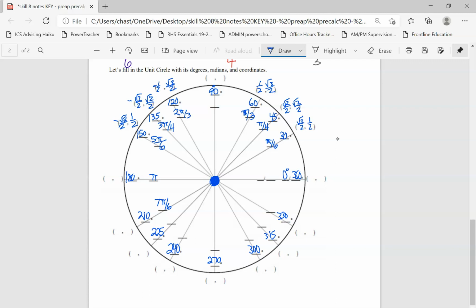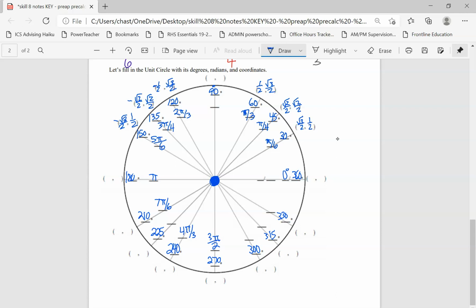But it's also a group of 60, so it's 4 groups of 60, so 4 pi thirds. 270 would be another 1/6 of the way, so it would be another 6, so it would end up being 9 pi over 6, which would be, not 5 pi thirds, whoops, 3 pi halves.